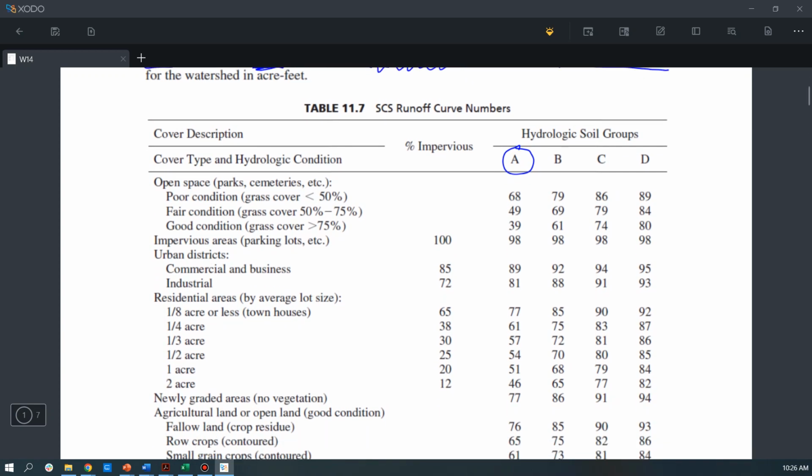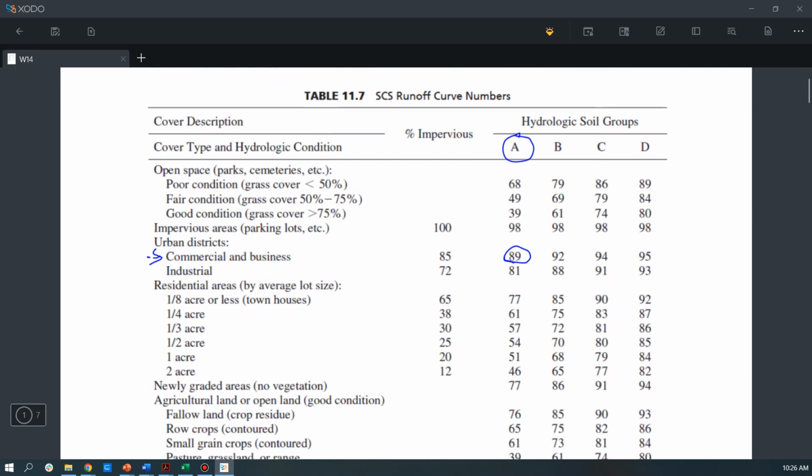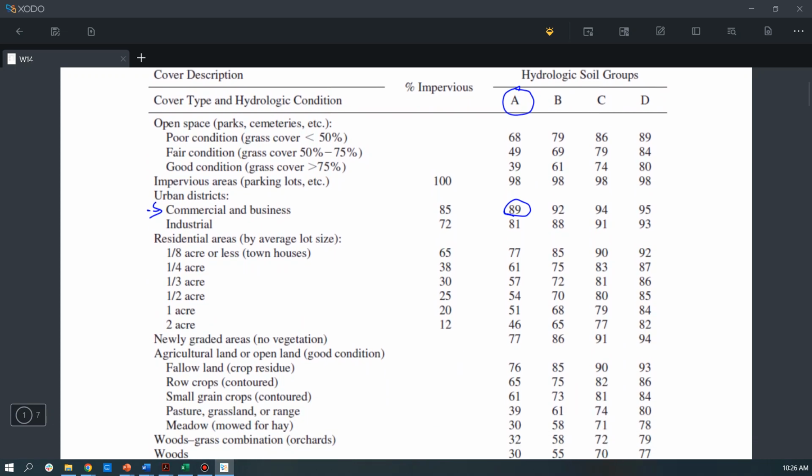We already know that the soil group is A, so we can use table 11.7 to find the corresponding curve number for the commercial area, which is this one, 89. The other one is the townhouse development, which is this one, 77.